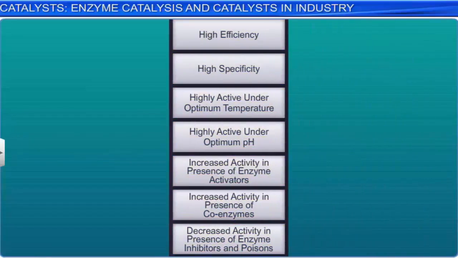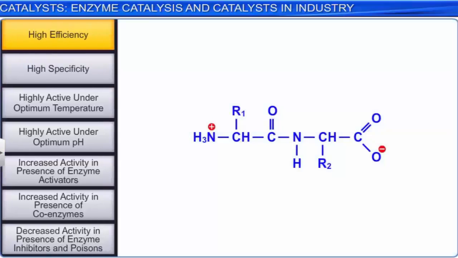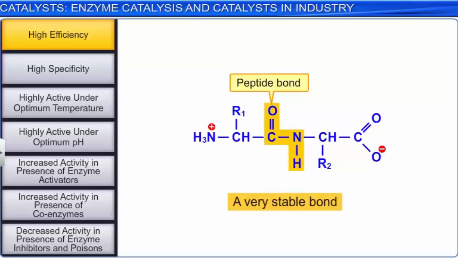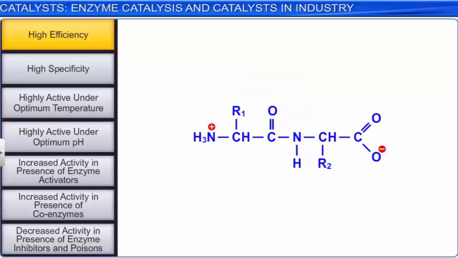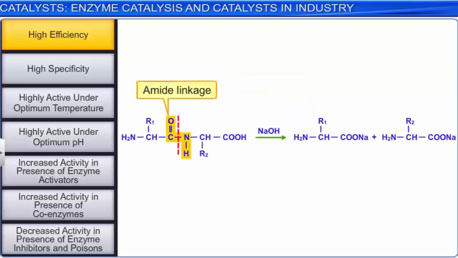Let us look at an example to see how enzymes are efficient in speeding up reactions. We know that a peptide or an amide bond is a very stable bond. The hydrolysis of an amide in the laboratory requires it to be heated with an alkali for a few hours. The proteins in our food contain peptide bonds.